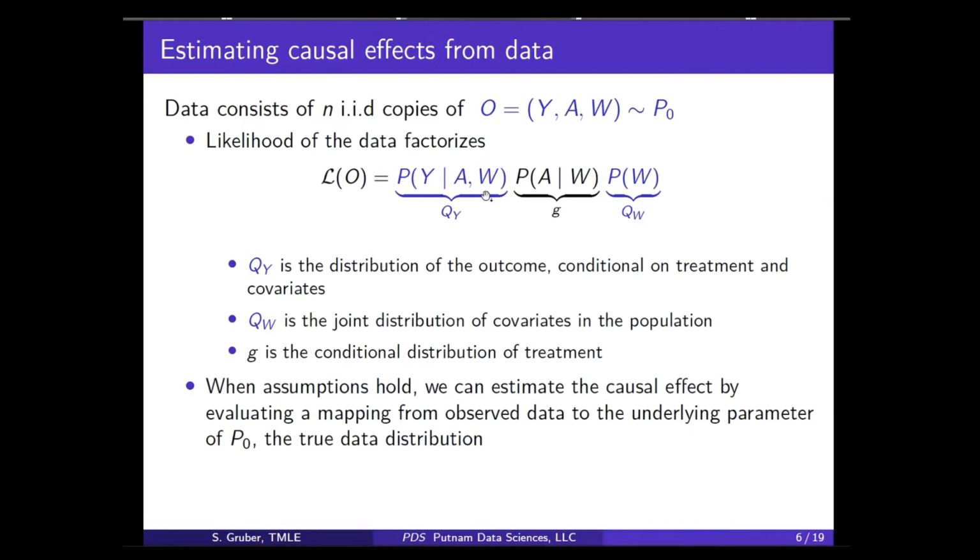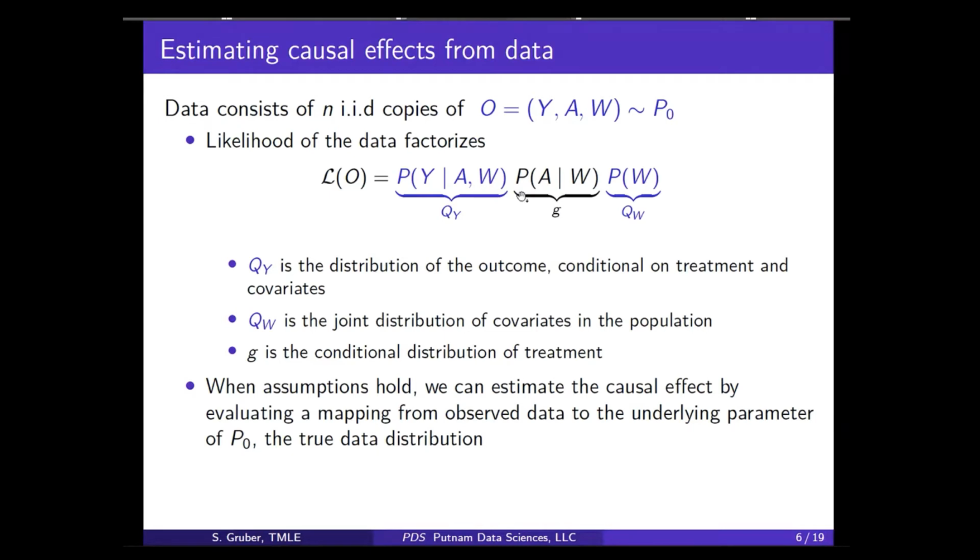We're used to that. And in the TMLE world, we're going to call that Q of Y. Don't ask me why it's called Q. I don't know. It just is. So Q of Y is just the distribution of Y in the world where people are treated or untreated, and it depends on their covariates.